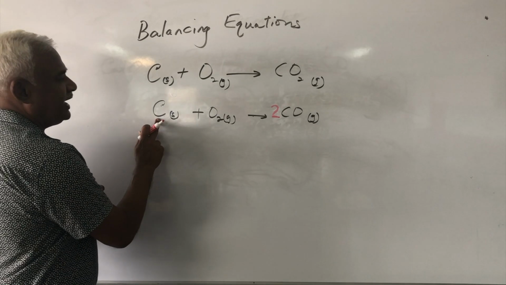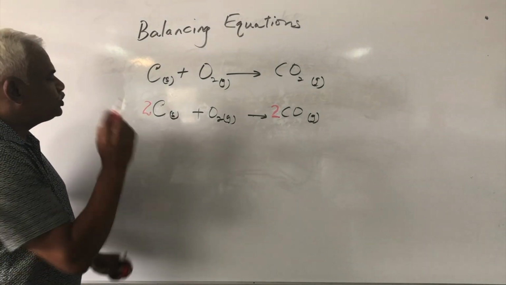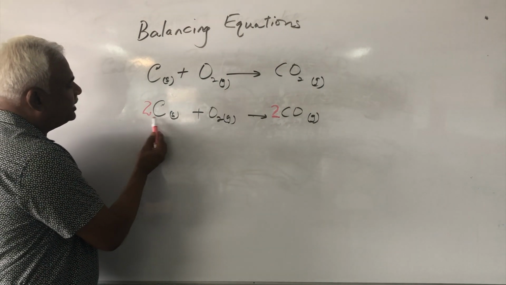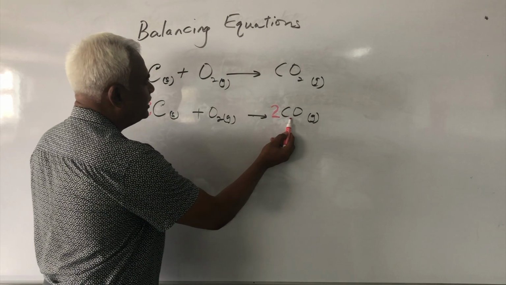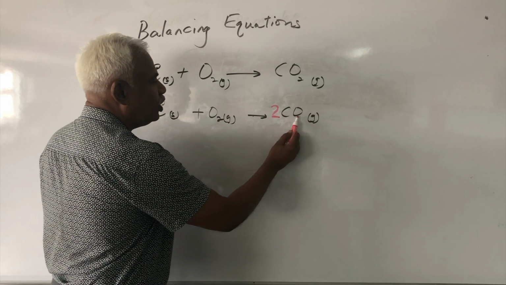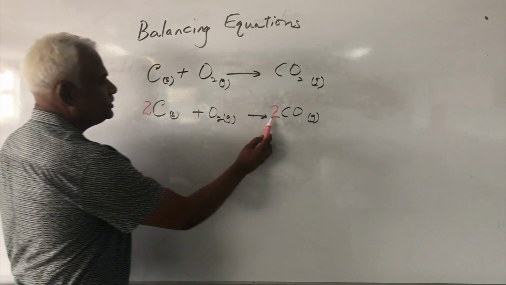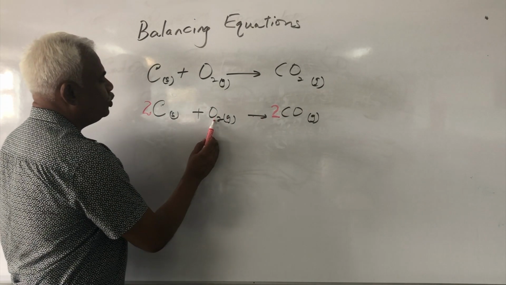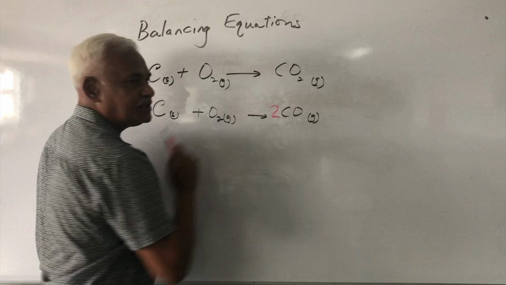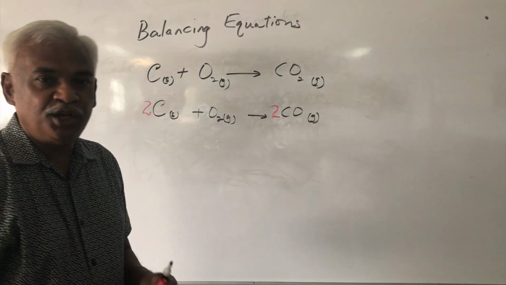I have 1 carbon here, put a 2 here. Let's see. So I end up with 2 carbons, 2 carbons, 2 oxygens, 2 oxygens. All right? Now, let's continue with another example.